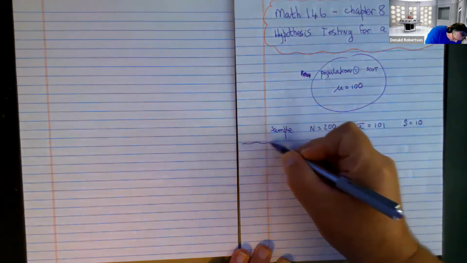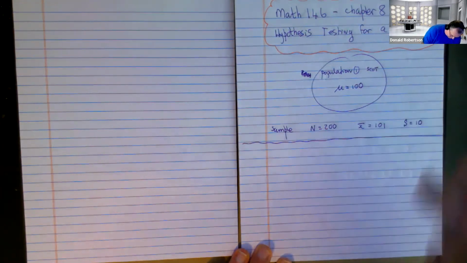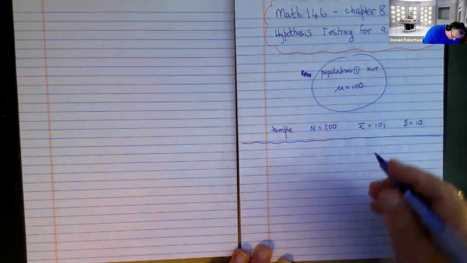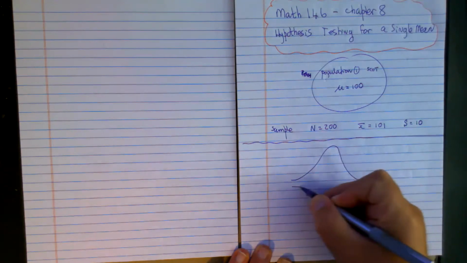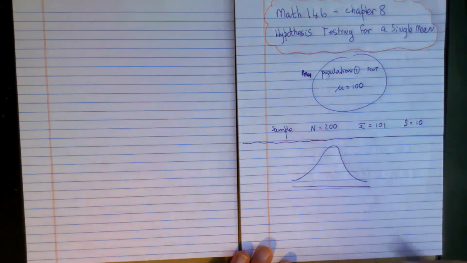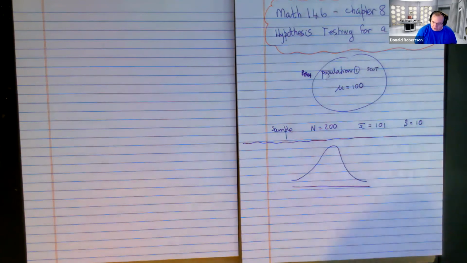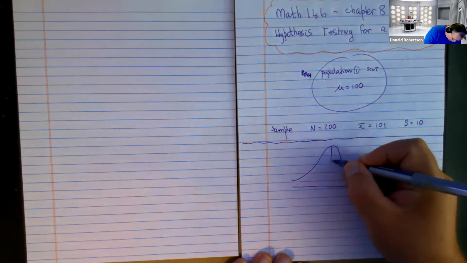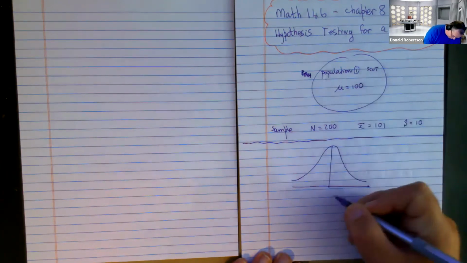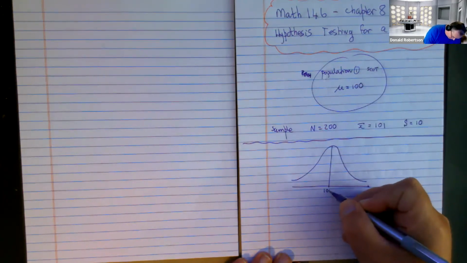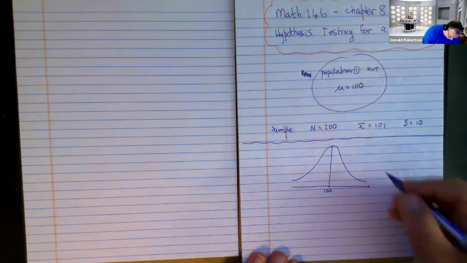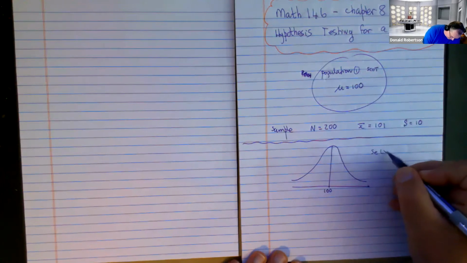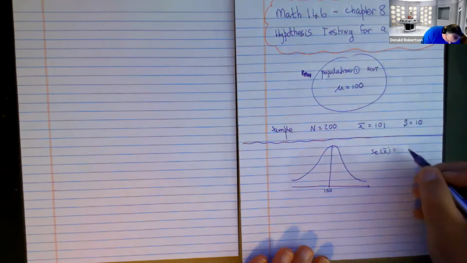So how are we going to do this test? Well, the theory behind it is that the sampling distribution, that's where you collect samples of size 200 and you do lots of them, right? You get a sampling distribution. If this was true, it would be at the 100 mark, and there would be a certain standard deviation for it called the standard error, and you could actually calculate the standard error.